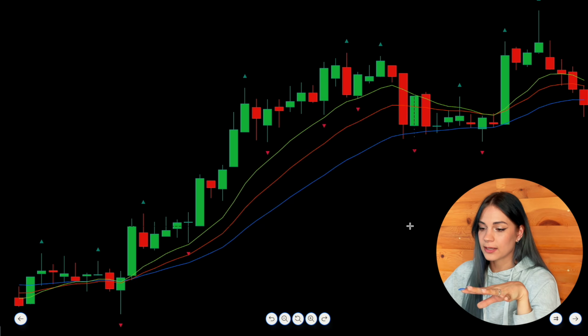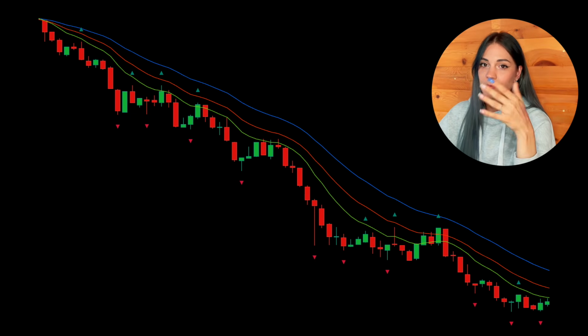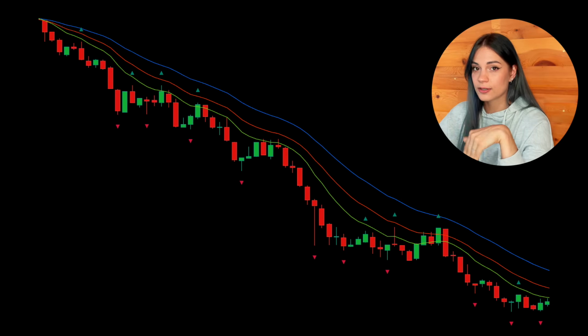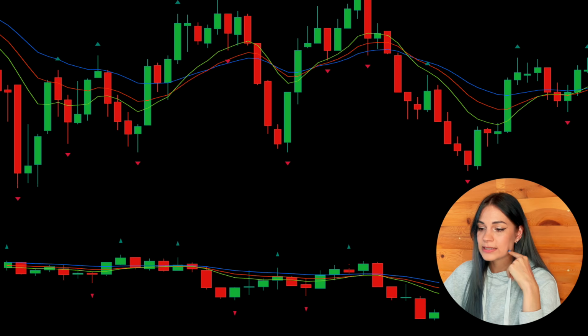All the lines of the alligator are going up. They are not intertwining, not connecting, and the chart is higher than those lines. Also, this is an example of a downtrend. Again, same thing, they're not connected, they are going down, and the chart is under the alligator lines, basically. And in moments like this, you are not allowed to trade.